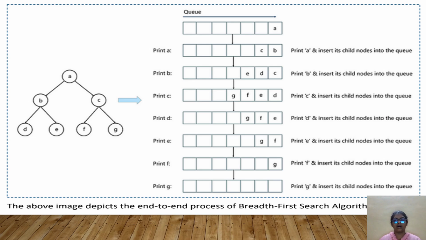Then again we print E, then F and then G. Like this we will print the queue elements. The above image depicts the end-to-end process of the breadth first search algorithm.